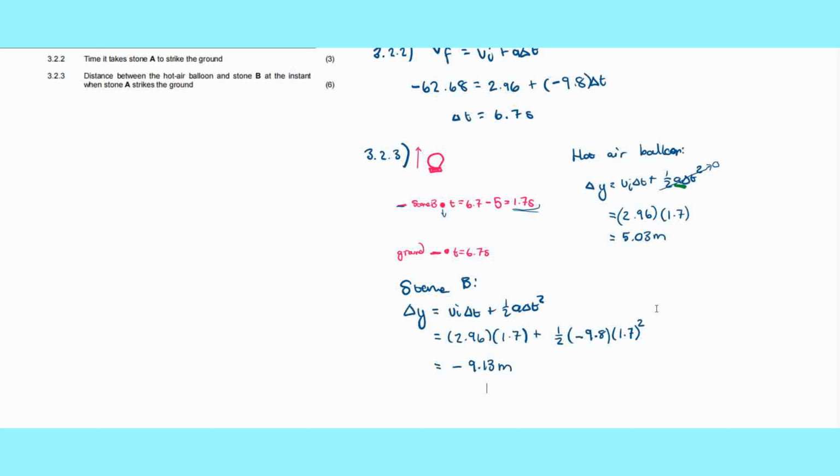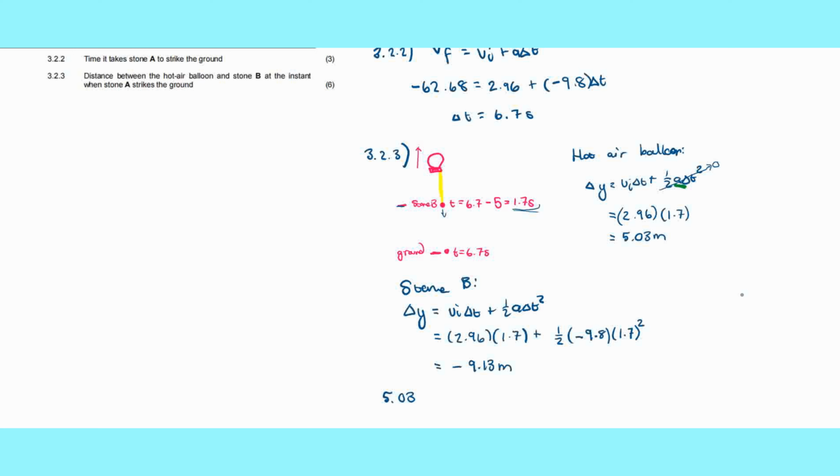Now to calculate the distance between the hot air balloon and stone B, which is what is being asked of us in the question, is this distance here. We will just take this 5.03 meters, and we will add this 9.13 meters.